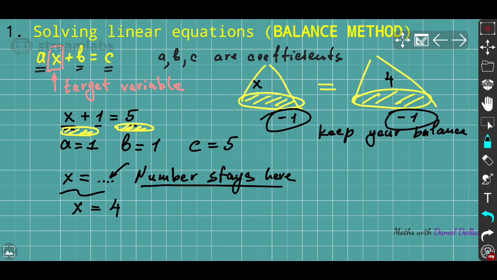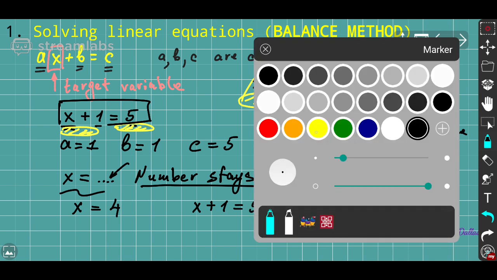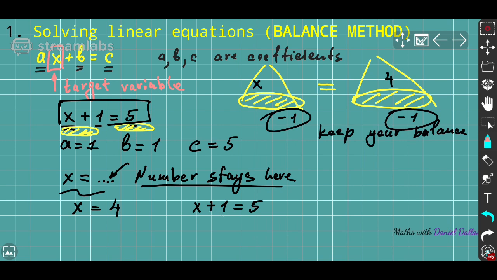So how do you do it instead of drawing those scales? How do you do it mechanically using just an equation? As you can see, we took away 1 from both sides to keep the balance. Technically, you have the equation x plus 1 equals 5, that's your original one. And you transfer this 1 to the right side.